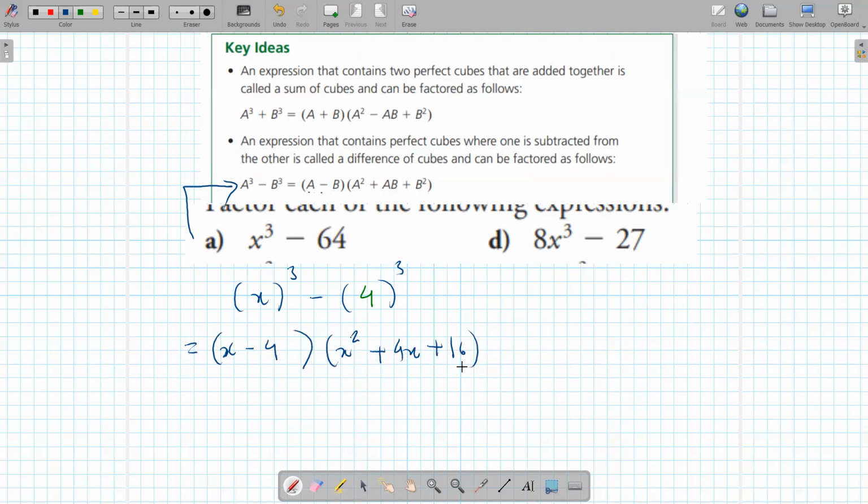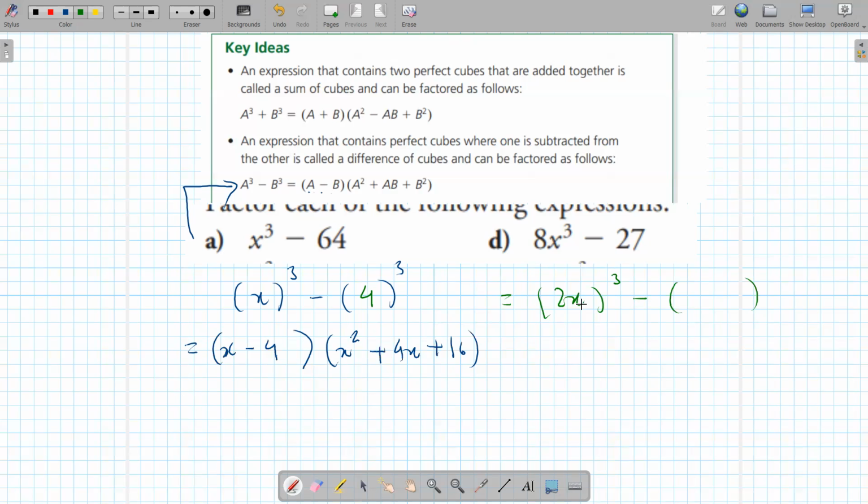Okay. That is all there is to it. Sum of cubes, difference of cubes, just make sure it's in this form, and then you can just use their formulas. What's the cube root of 8x^3? Because we need it to be in this form. 2x. Yes.